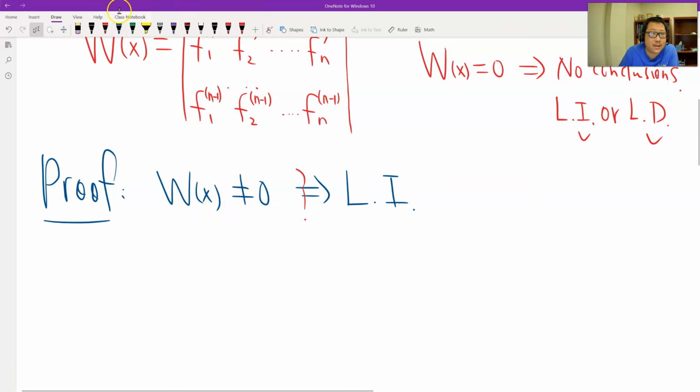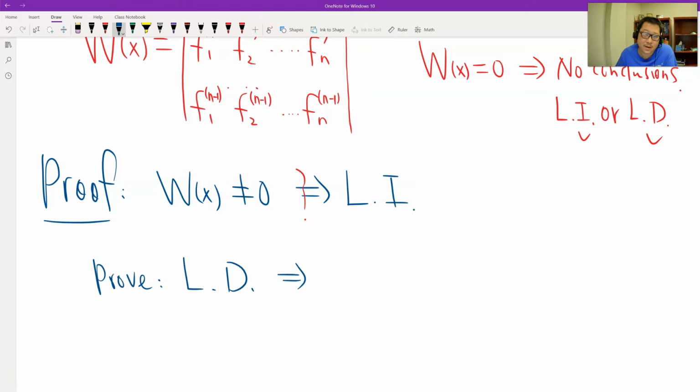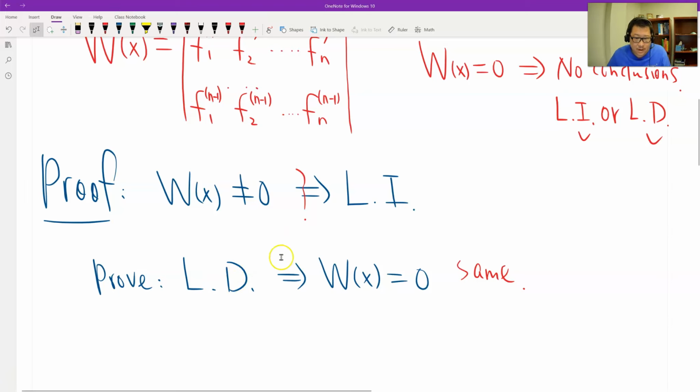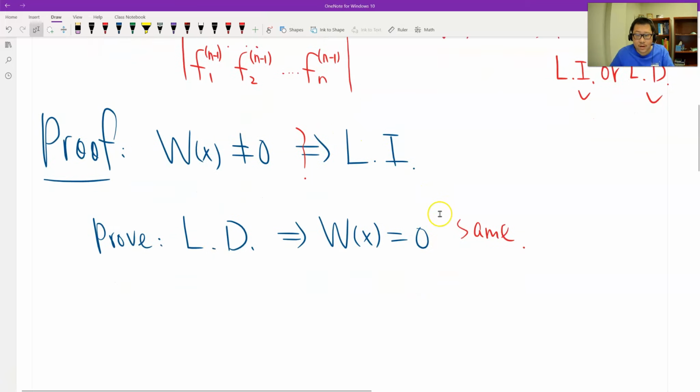In another way, we only need to prove this: if linearly dependent, then the Wronskian should be zero. It's the same. It is just a proof by contradiction. If not linearly independent, that is, linearly dependent, we get a contradiction. Therefore, it should be linearly independent.